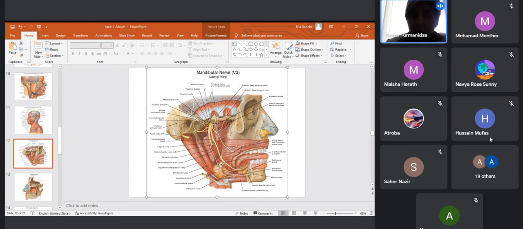The sensory branch which arises from this division is the lingual nerve. So mostly the anterior division gives off muscular branches, and the posterior division gives off sensory branches. Do we understand? Yes. Very good.